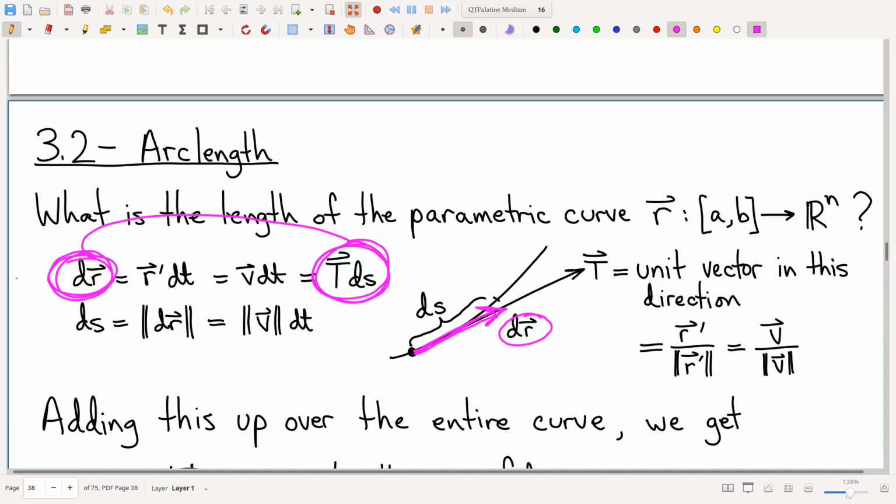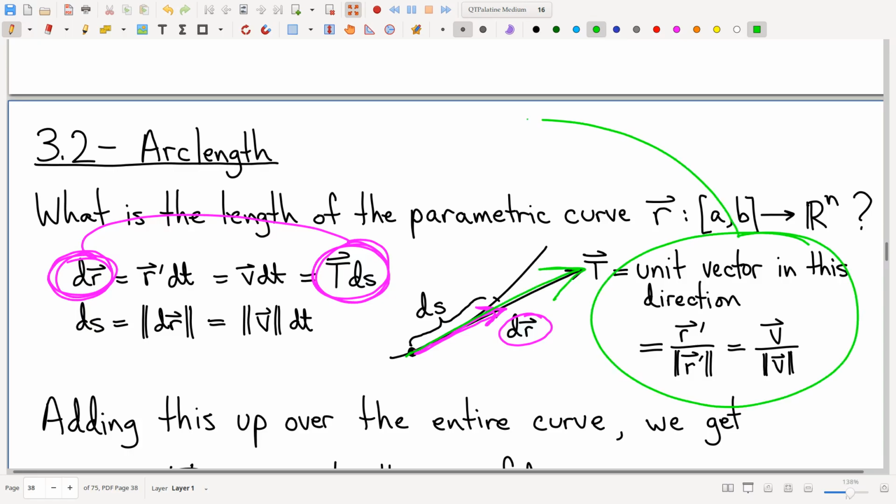What direction does it point? The direction that it points is a unit vector pointing in the direction that it's going. And we know how to find a unit vector that represents a direction. And what's the magnitude? Well, the magnitude is ds.